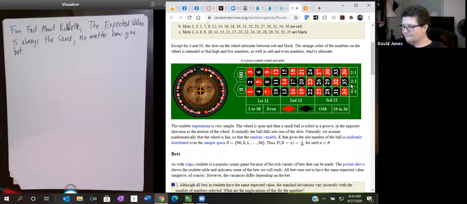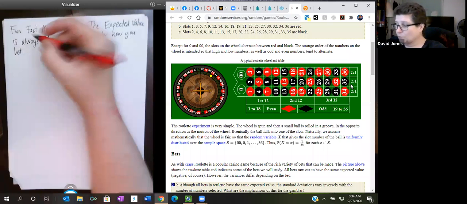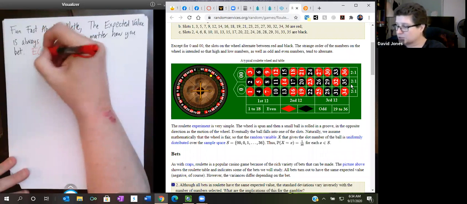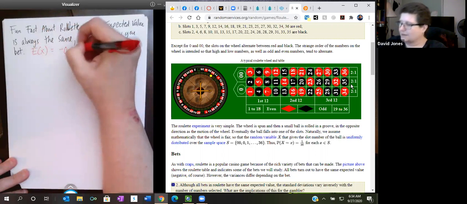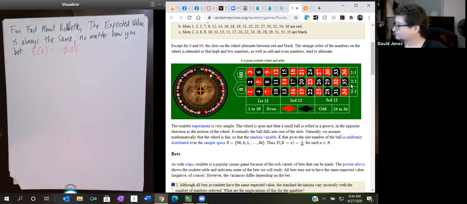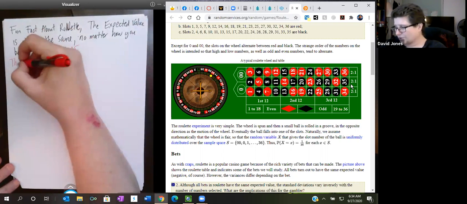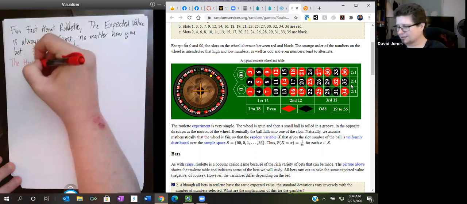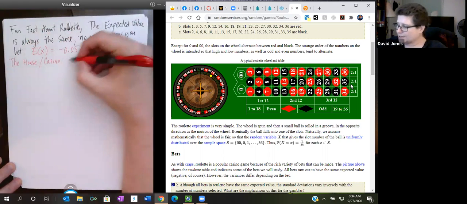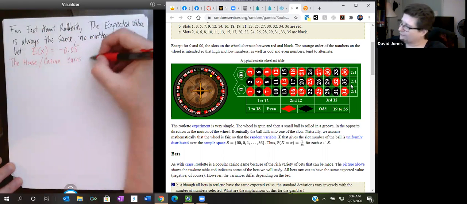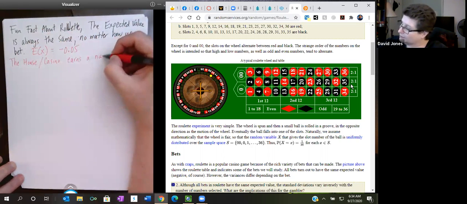The expected value, no matter how you bet, $1 bet, the expected value is always negative 5 cents. The house earns a nickel. The house, which is the name for the casino, earns a nickel for every dollar bet in the long run.